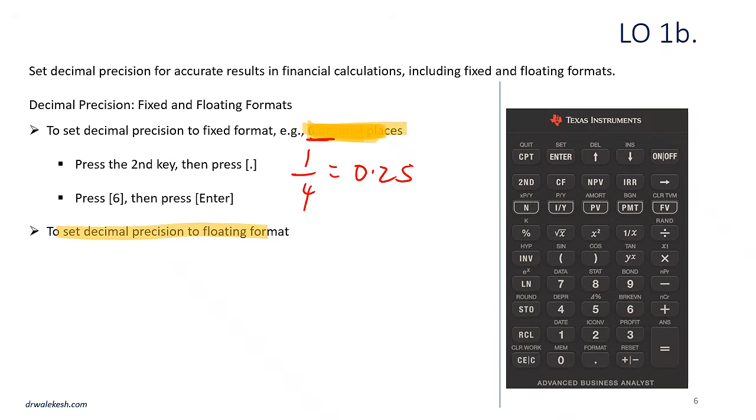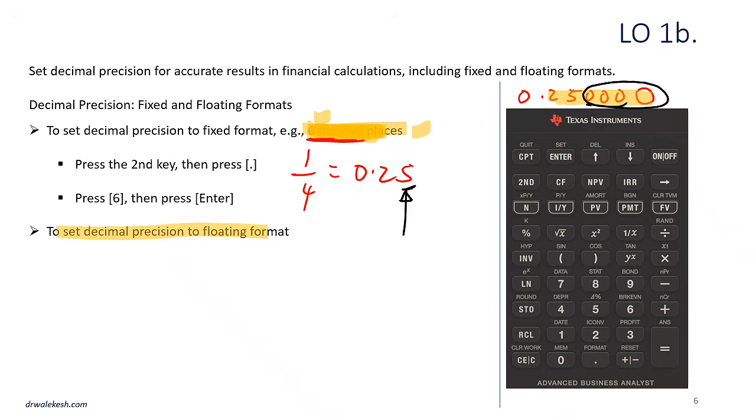Unfortunately, since you already set your financial calculator to 6 decimal places, upon doing 1 divided by 4, what you would see on the face of your financial calculator would be 0.250000, because your financial calculator has been fixed to 6 decimal places. But we know that you do not need this, since the final number stops here.